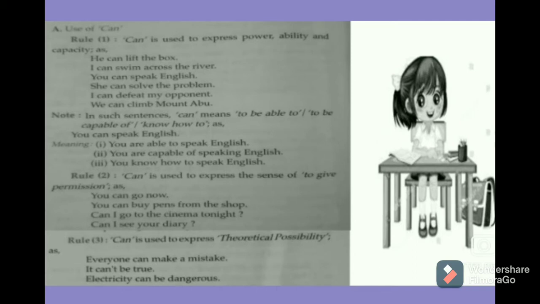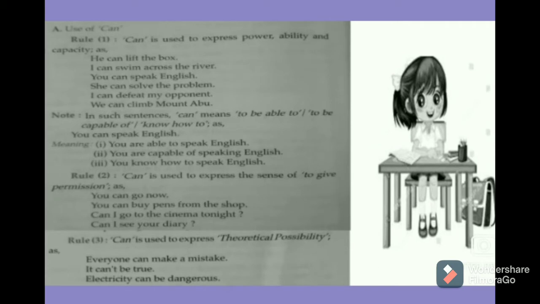In such sentences, can means to be able to, be capable of, or know how to do something. You can speak English means you are able to speak English, you are capable of speaking English, and you know how to speak English.